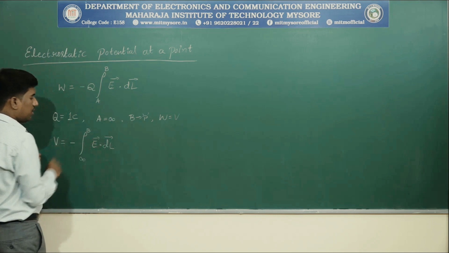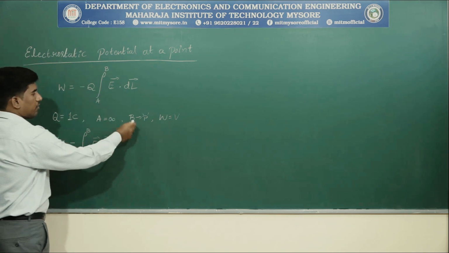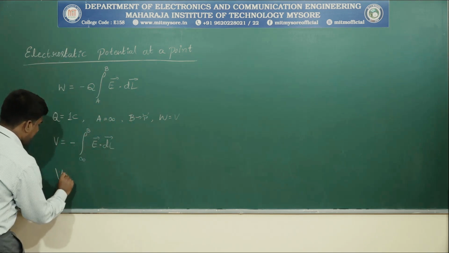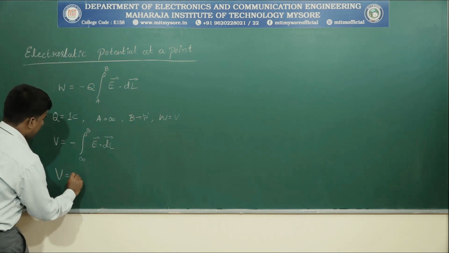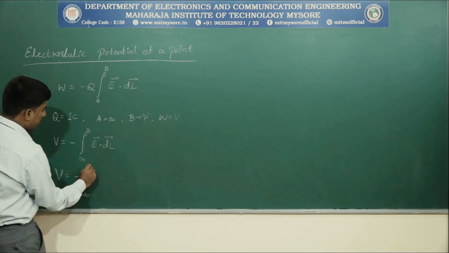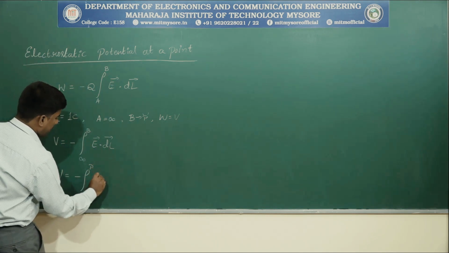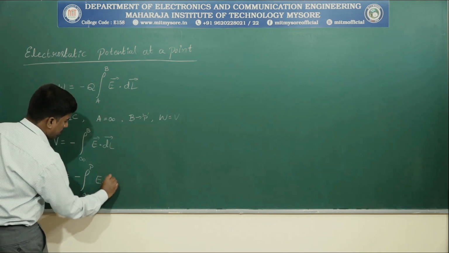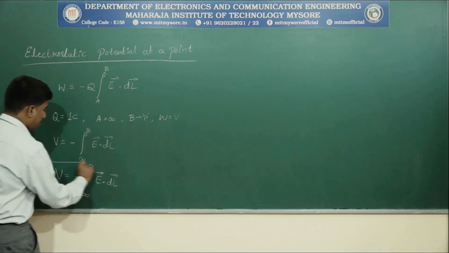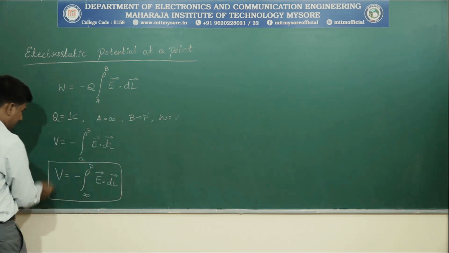This is the general equation. Then B becomes a general point P, so V is equal to minus integration from infinity to P E dot dl. This is the equation for potential at a point.